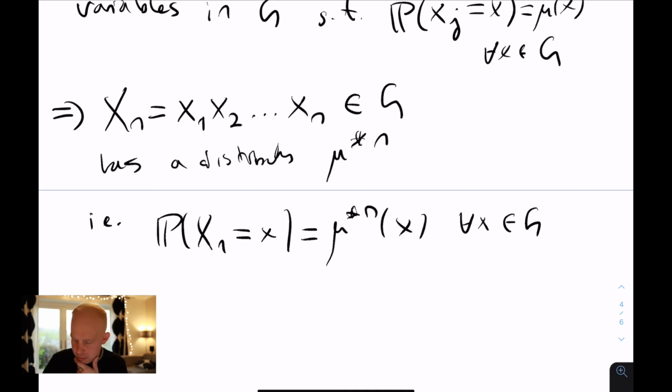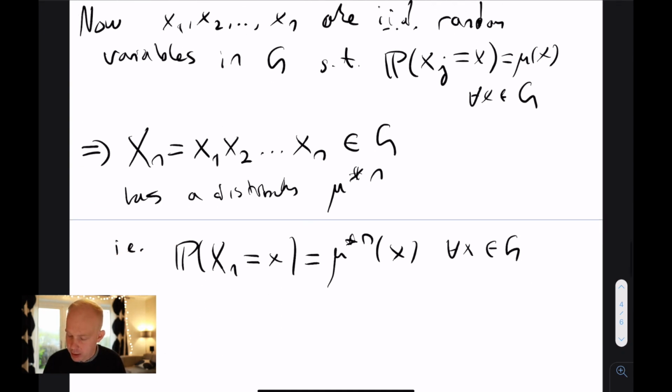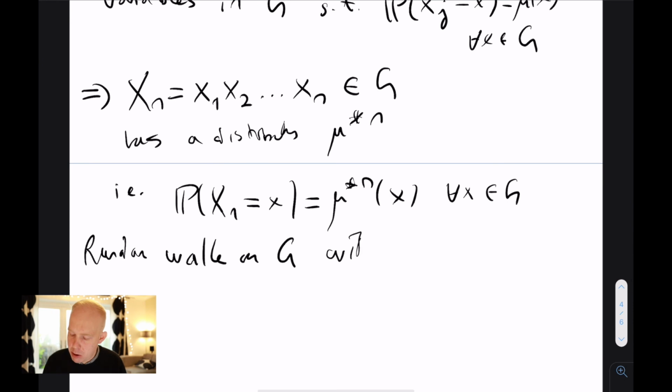Okay, so now you have this notion that you can talk about random walks on the group. So this is a random walk on G with the driving distribution mu.